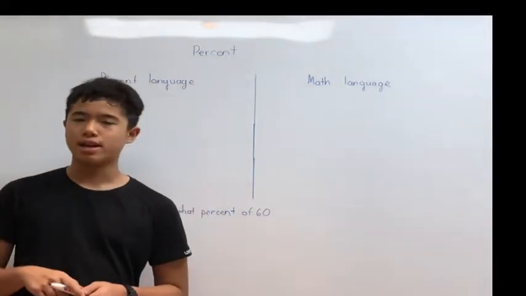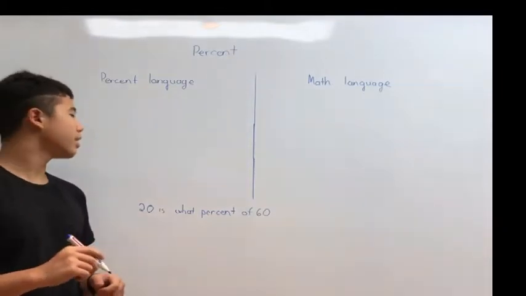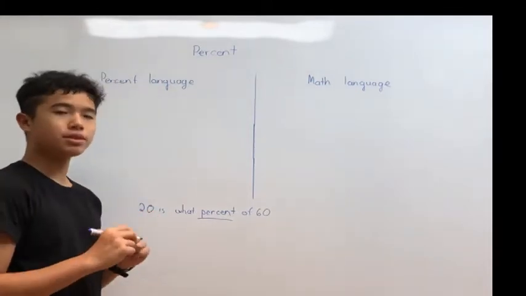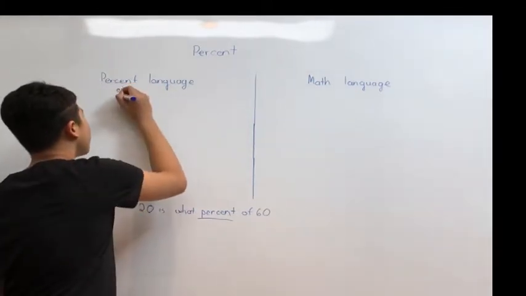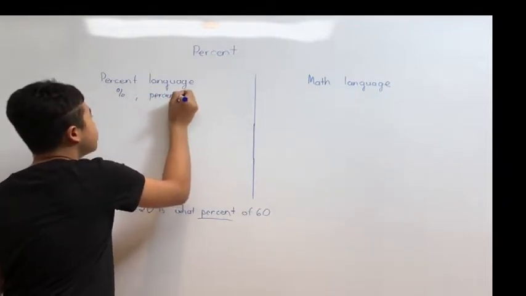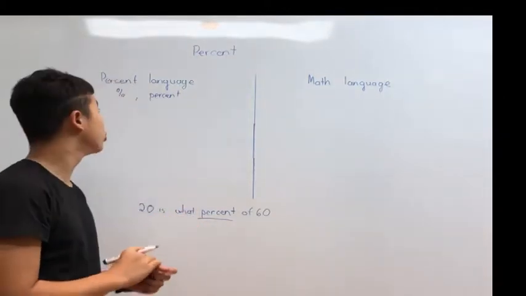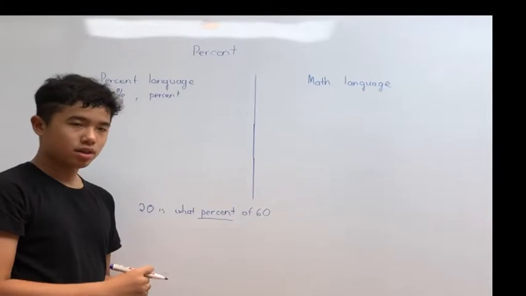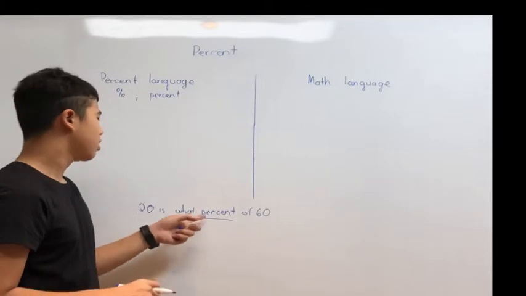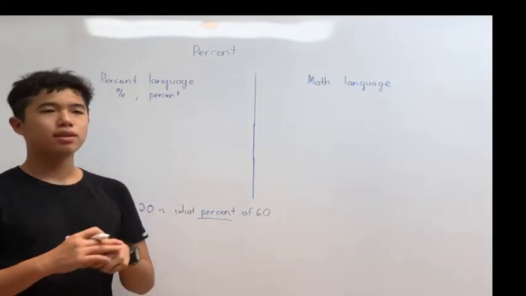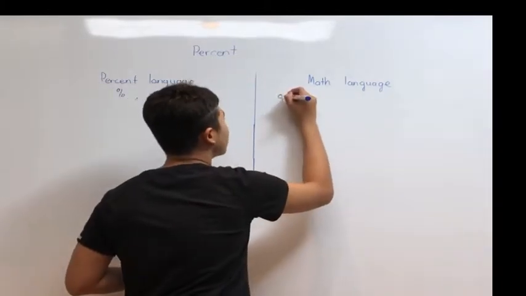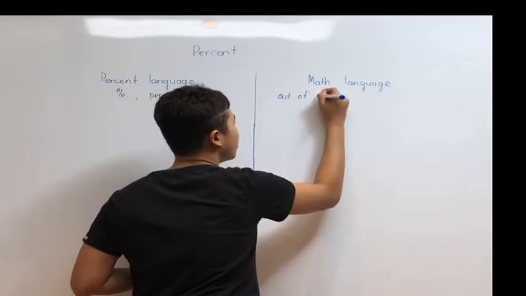First we have the percent language. The first thing you must focus on is the word percent. They can write it either like this or like this. This is what they're given, so we'll put it into the percent language box. The word percent basically means the number over 100, that is, out of 100.